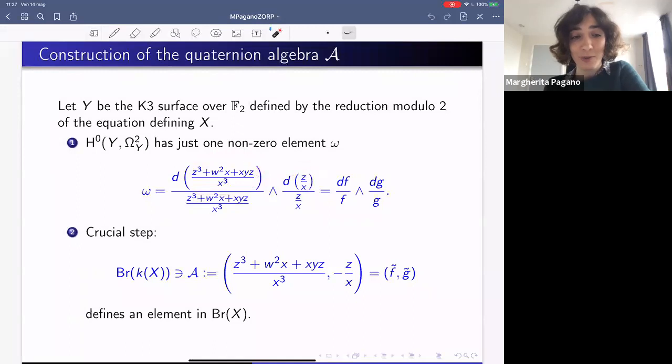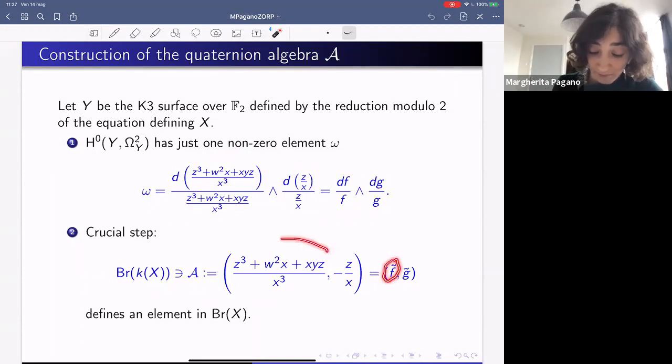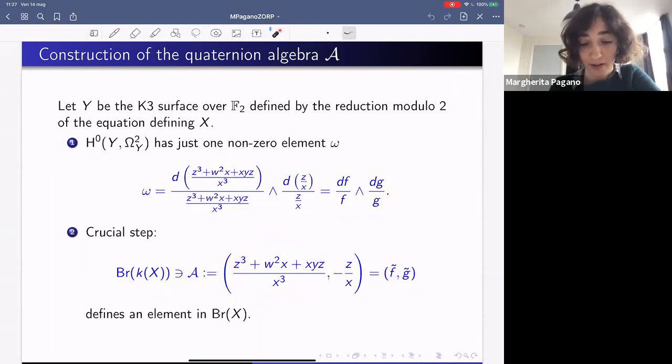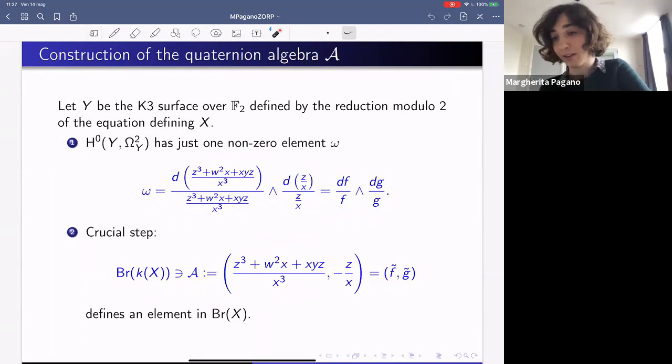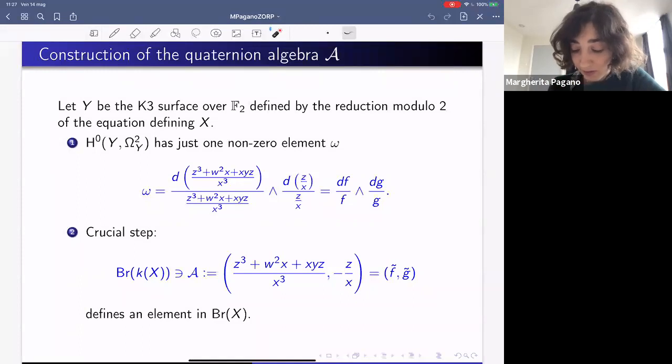And we see that these functions are strictly related to the functions defining our quaternion algebra A. Indeed, if we call f tilde the same function, now seen in characteristic 0, I'm sorry, there is a little abuse of notation because I'm denoting with the same letter the variable over F2 and the variable in X, so over the rational numbers. But the idea is that we denote with f tilde and g tilde these two lifts of f and g over Q.